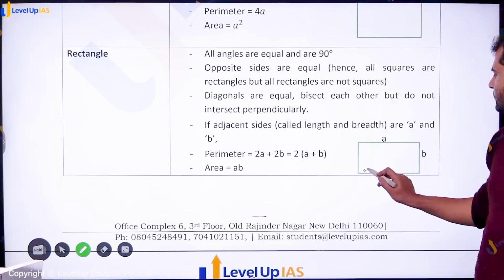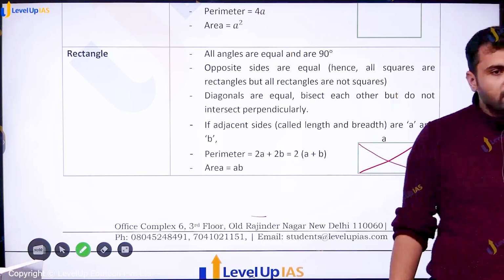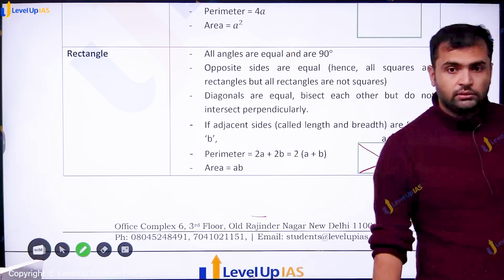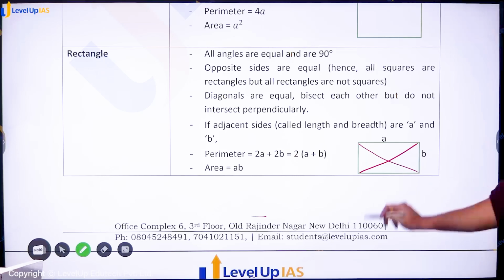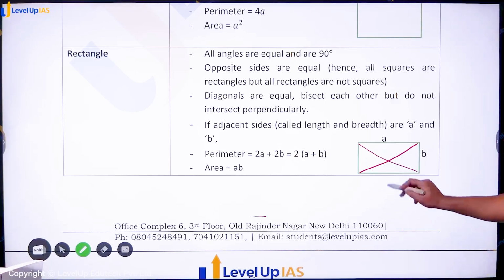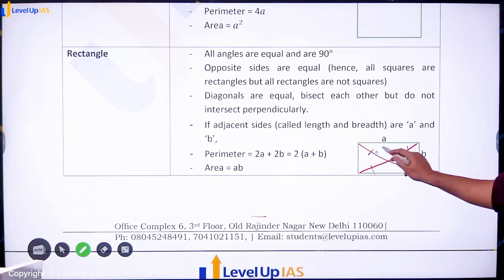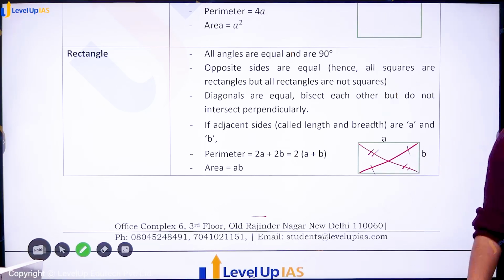If I have this diagonal and if I have this diagonal, are they equal? Yes, symmetry hai, no problem, they will be equal. Will they cut each other in two halves, like this and this, this and this? Will they be equal? Yes, right?